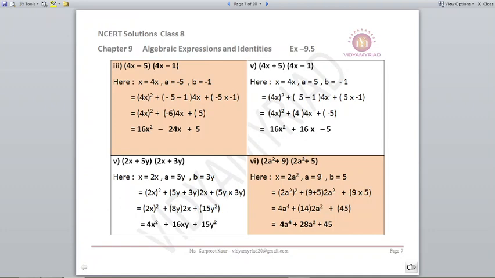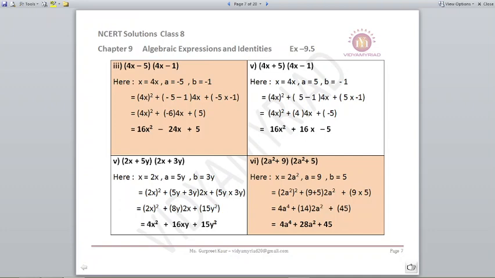So a is minus 5 minus 1 the whole x. What is x? 4x plus in bracket minus 5 into minus 1. So (4x) the whole square plus minus 5 minus 1 is minus 6 into 4x plus minus 5 into minus 1, minus into minus is plus, so 5 into 1 is 5. So answer is 16x square minus 24x plus 5.